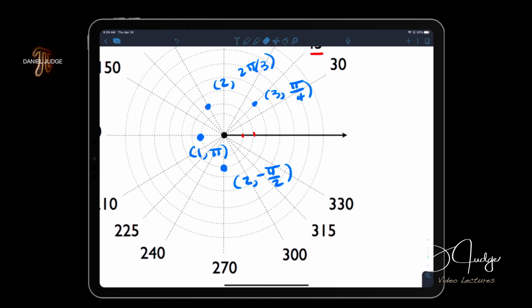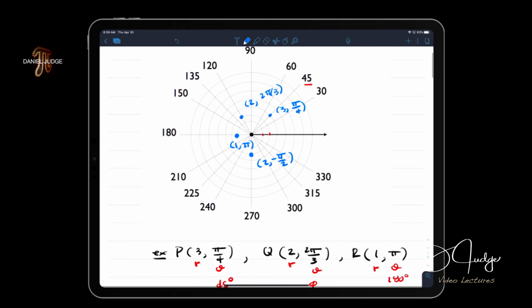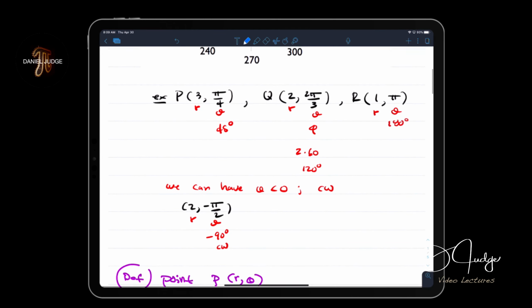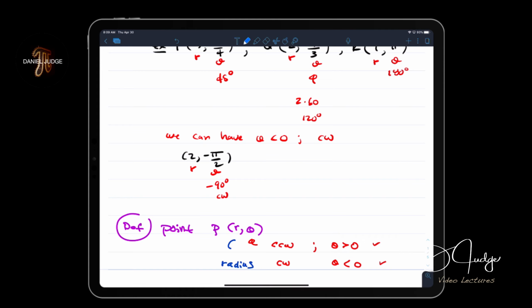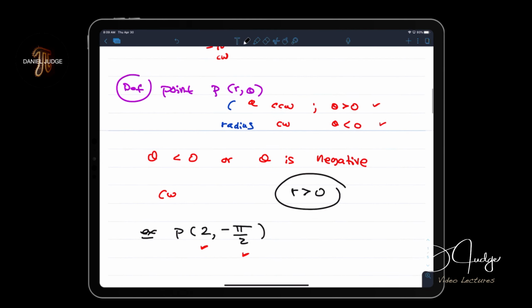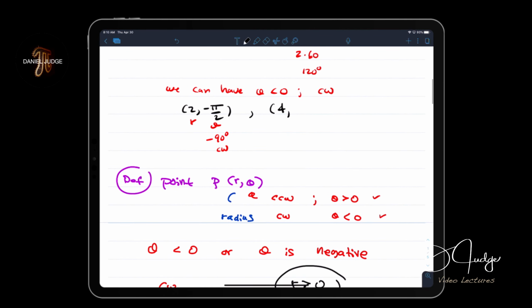This is plotting points. And then you say, okay, Mr. Judge, what about another example? How about 4, negative 3 pi over 4.